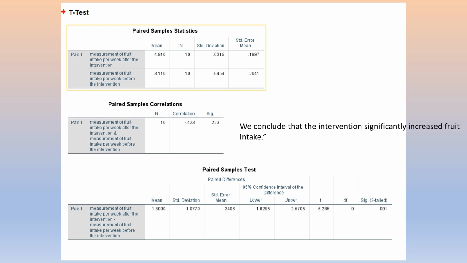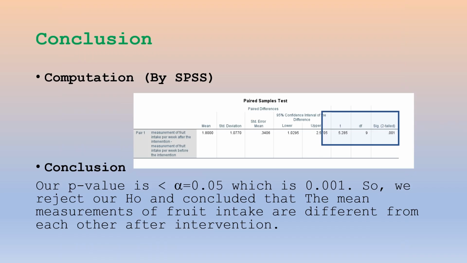Our p-value is 0.001. Conclusion: our p-value is less than 0.05. So we reject our H naught and conclude that the mean measurements of fruit intake are different from each other after intervention.